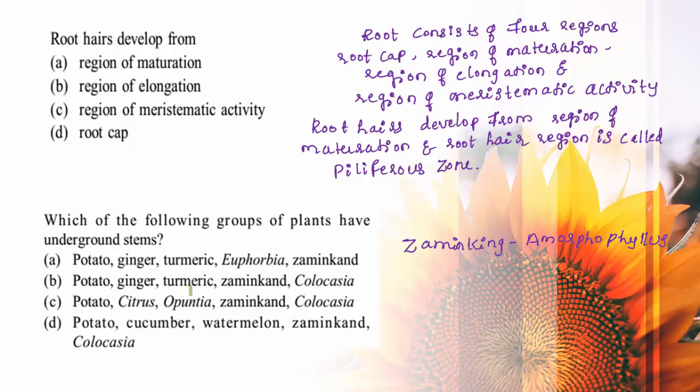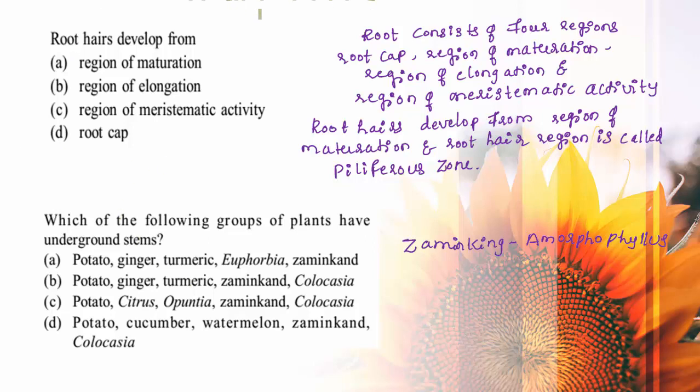Root hairs develop from, the given options are region of maturation, region of elongation, then region of meristematic activity and root cap. What are these regions? The root consists of 4 regions.